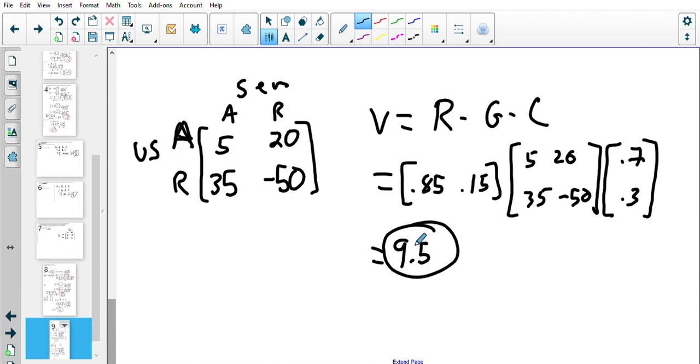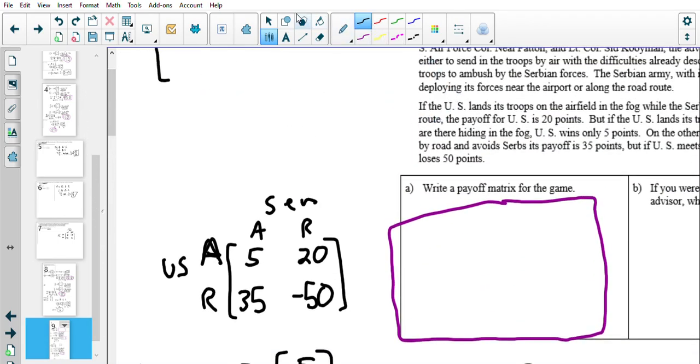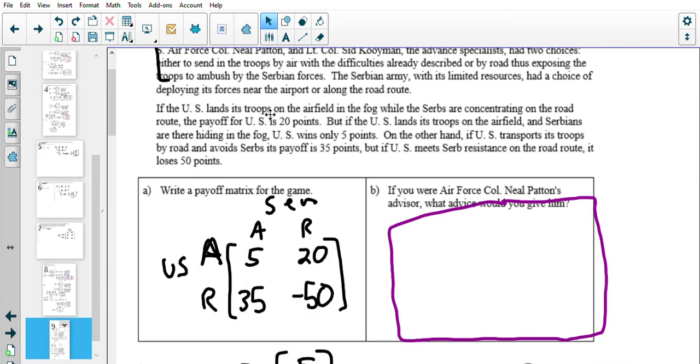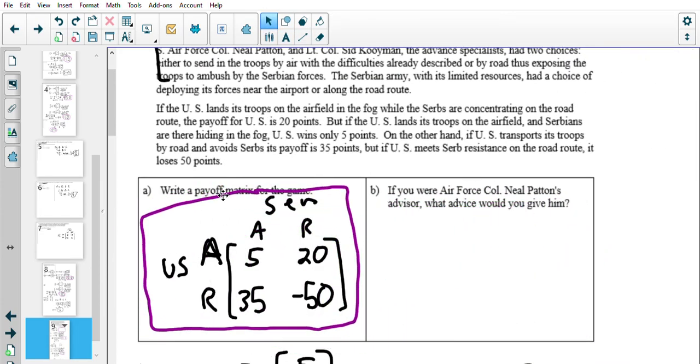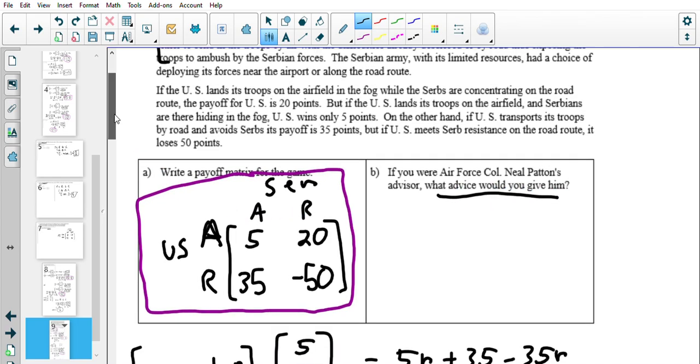So what does that tell us? Remember, the question we're trying to answer is, if you were the colonel's advisor, what advice would you give him?